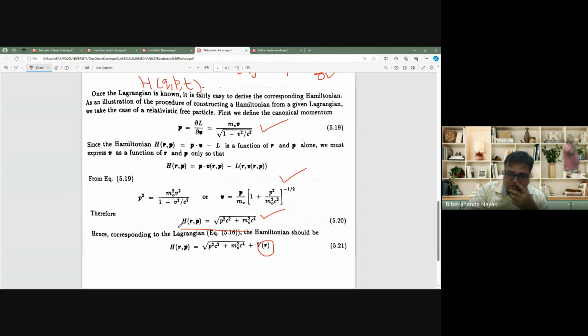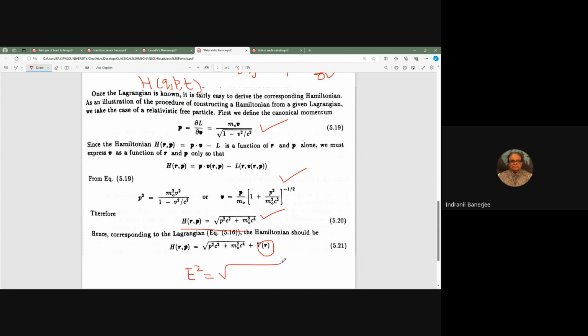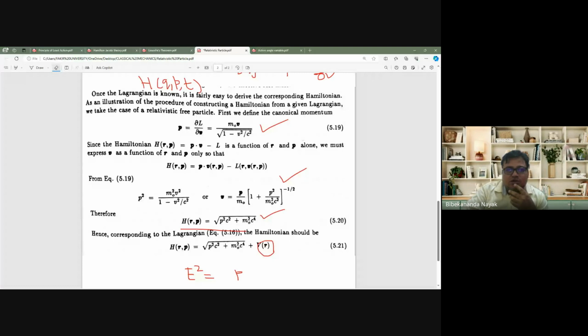You also know this is your E. In relativistic theory, E square is equal to P square C square plus m0 square C to the power 4. Also, by putting these values of P, V, and L, you can get the same equation. This is the Hamiltonian for a relativistic particle.